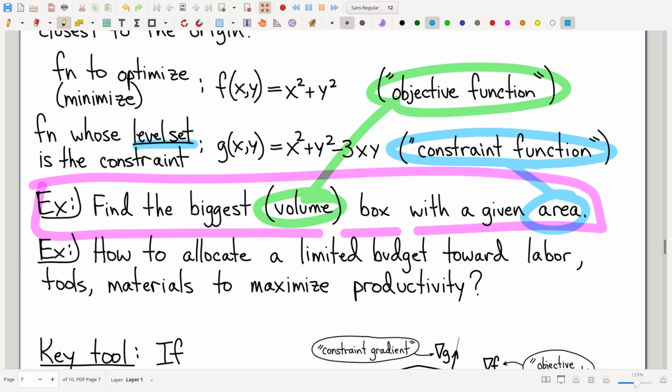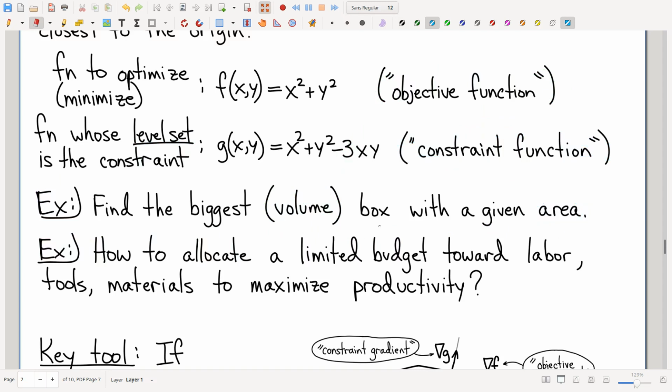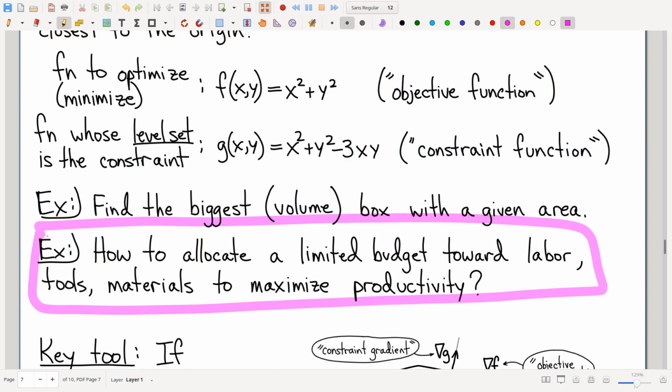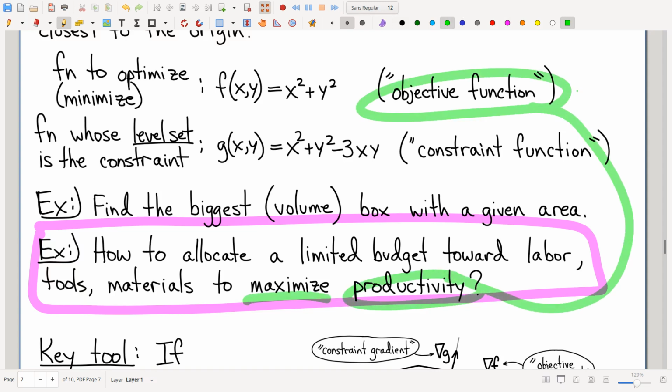Okay. Likewise, let's suppose we run a small business, and I want to figure out how to run my business with maximum productivity. Maybe you want to maximize profit. Whatever. In this case, we want to maximize productivity. Whatever your productivity function is, that's your objective.